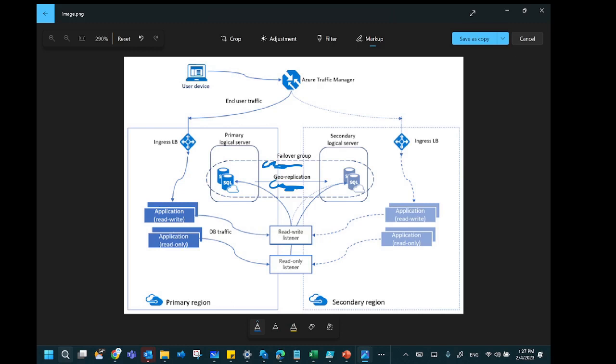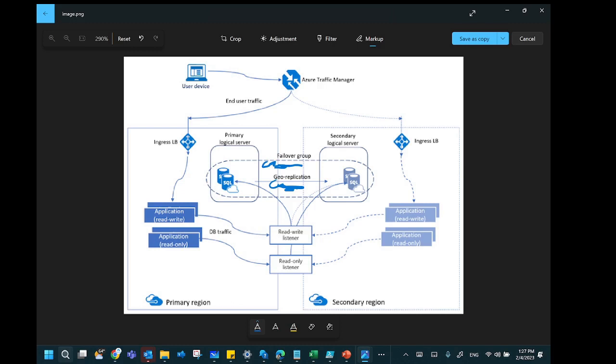So if the customer uses failover group and geo-replication, this will be a good combination because you can leverage the benefits of both options to achieve a high level of availability and data protection, even in the event of disaster or unexpected disruptions. So let's take an example here.